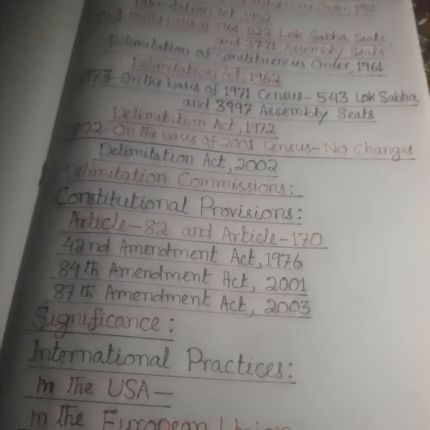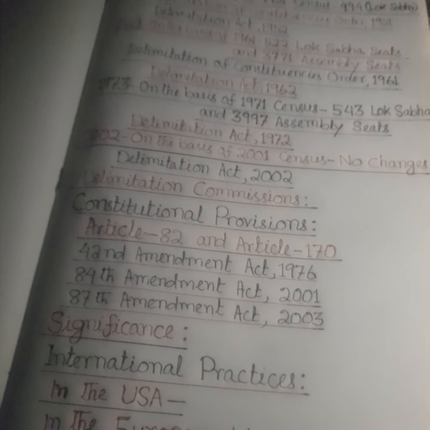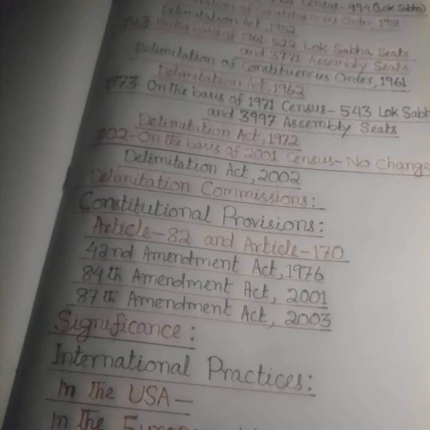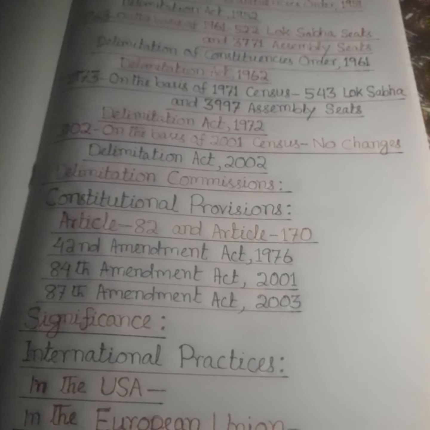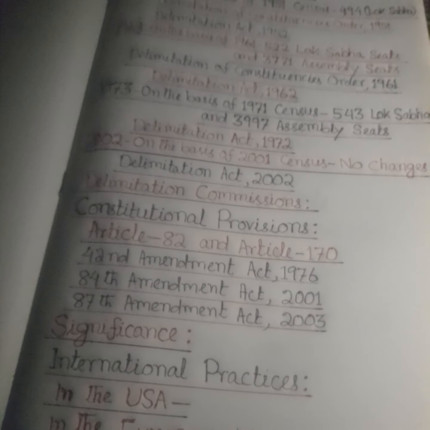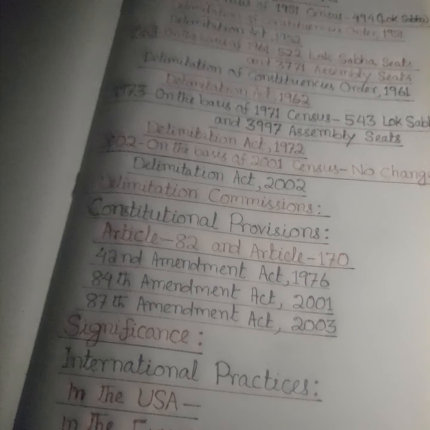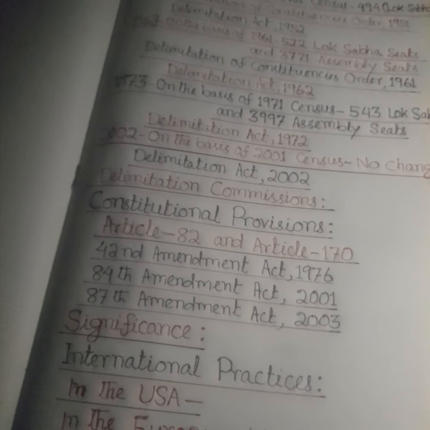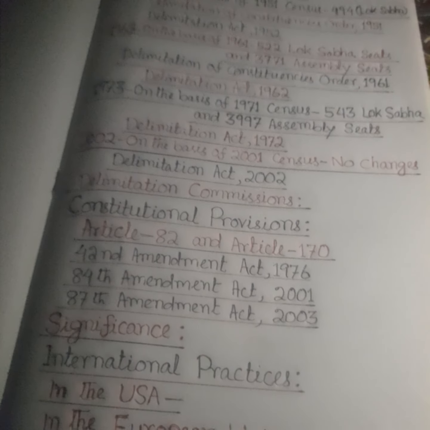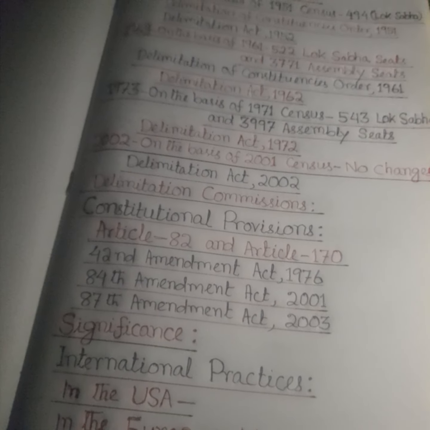The 84th Constitutional Amendment Act of 2001 empowered the government to undertake readjustment and rationalization of territorial constituencies in the states on the basis of the population figure of the 1991 census.